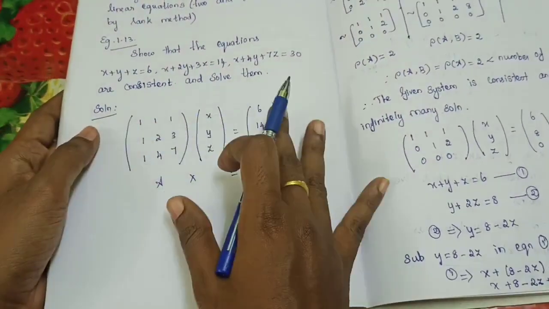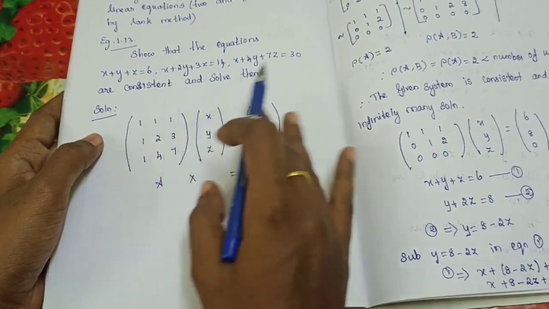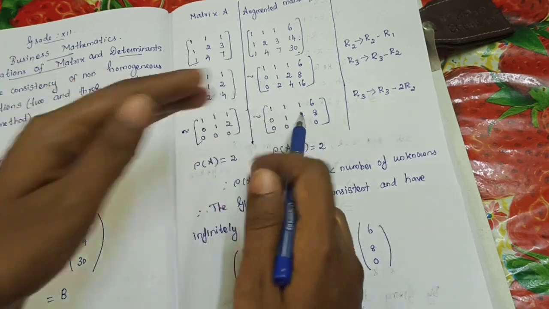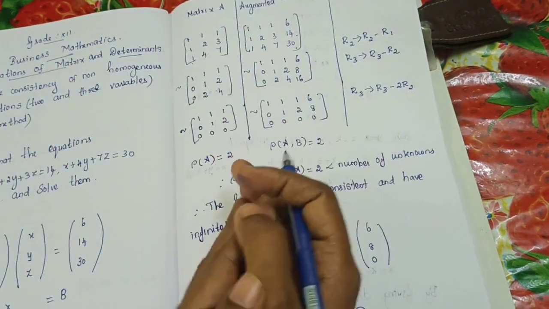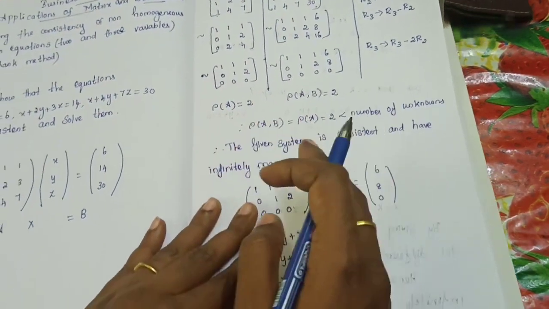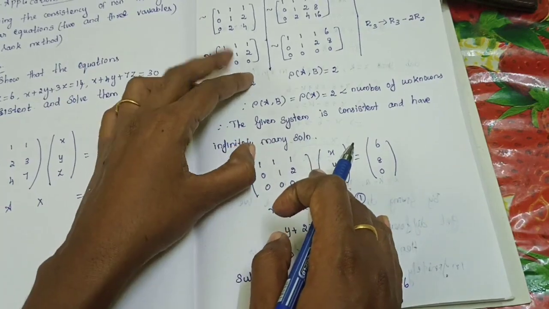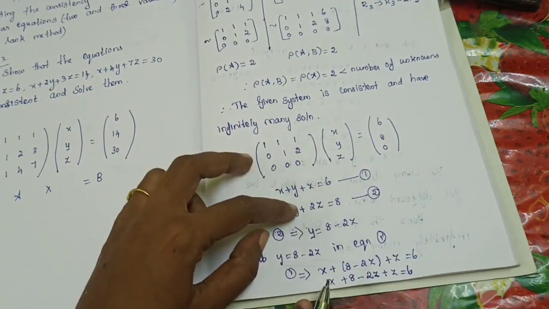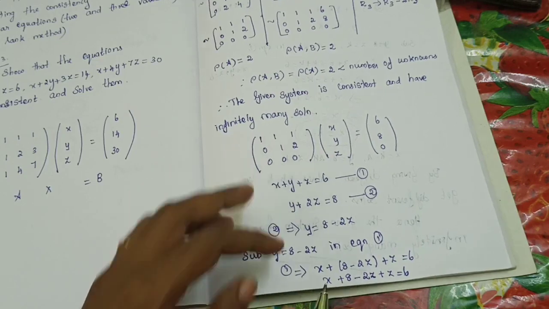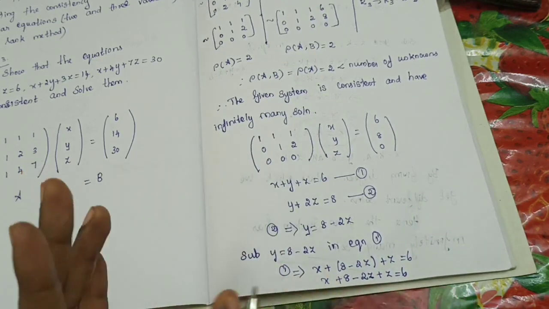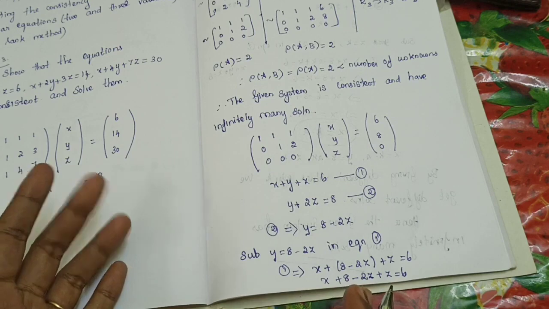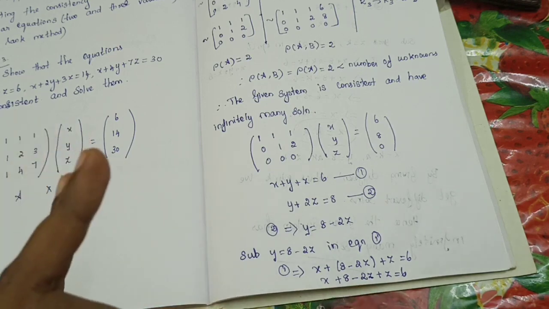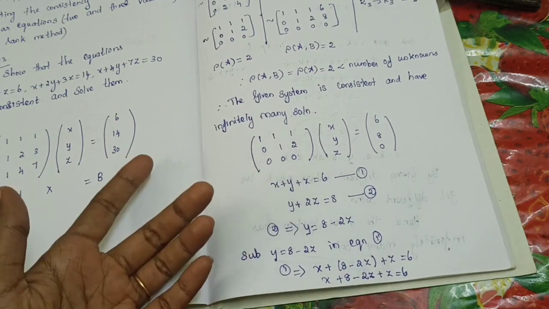So this is example 1.13. How many unknown variables are there? 3 unknown variables are there. You need to change to the echelon form by using linear transformation. Afterwards, rewrite this in the form of Ax equal to b. Only 2 equations we have obtained. Third equation is not there. I said if it is 2 unknown variables, only 1 equation you will get. Here there are 3 unknown variables, but we got only 2 equations.